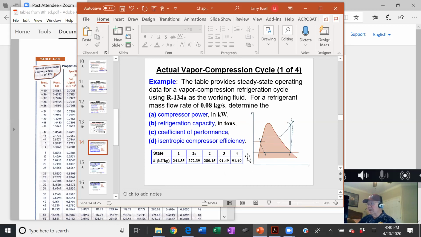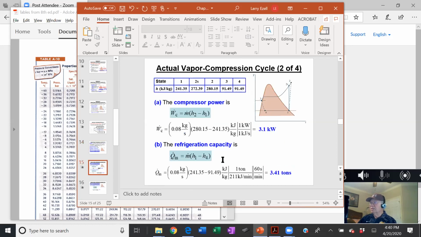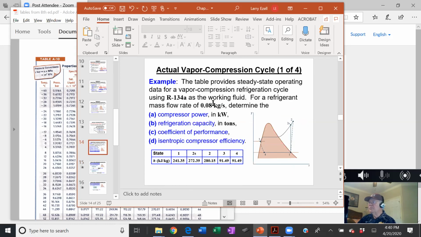Here H2S is 272, H2 is 280, and he goes through and makes the calculations. For the compressor work, he also has the m dot of 0.08 kilograms per second. These are all reasonable numbers.